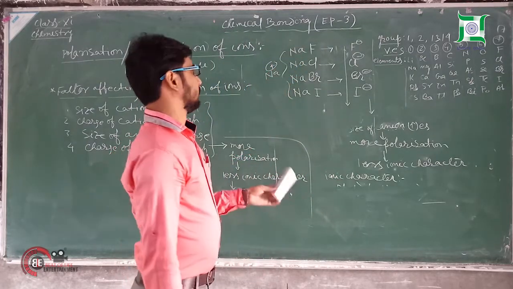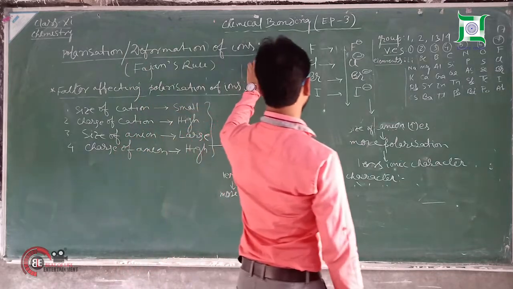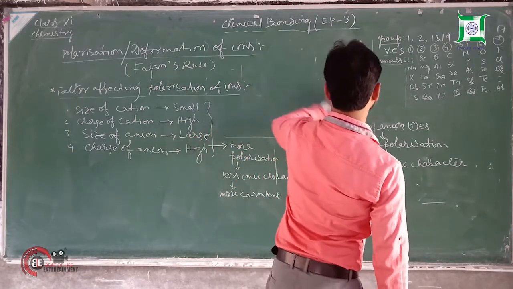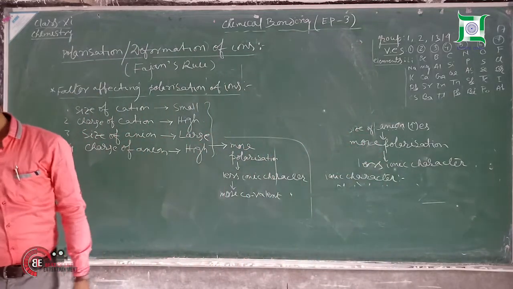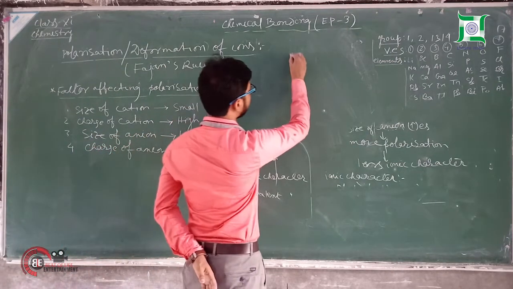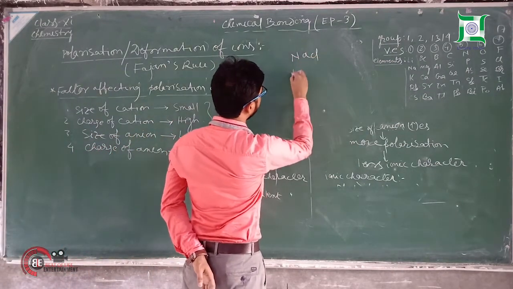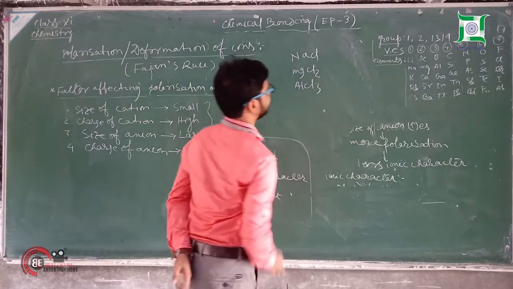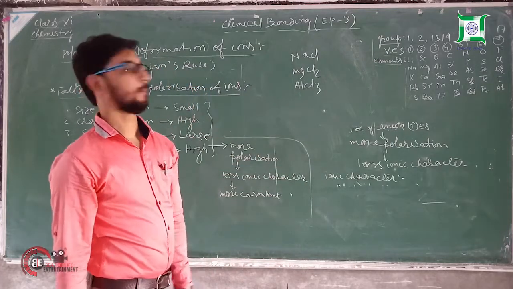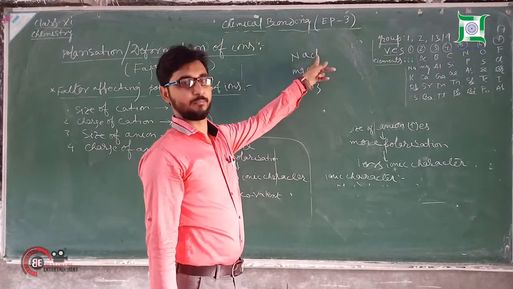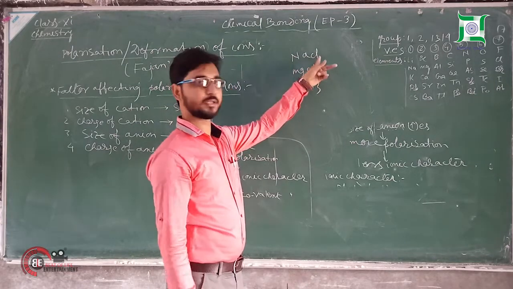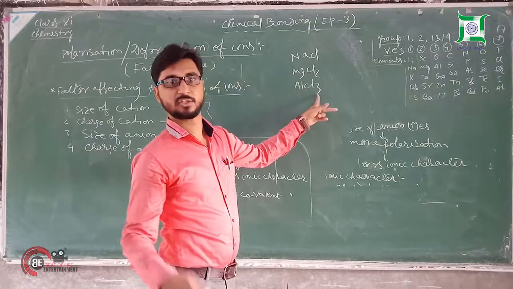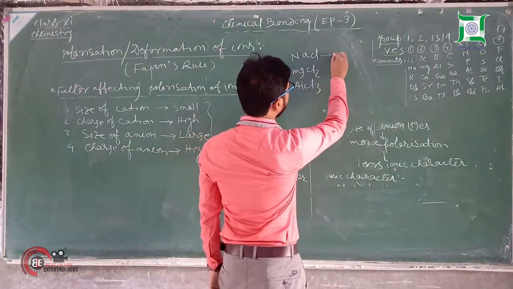Clear? So that was for halides. Now let us take one more example, that is NaCl, MgCl2 and AlCl3. In these 3 compounds the anions are same. For NaCl it is Cl minus, in case of MgCl2 also it is Cl minus, in case of AlCl3 it is also Cl minus, but the cations are different.